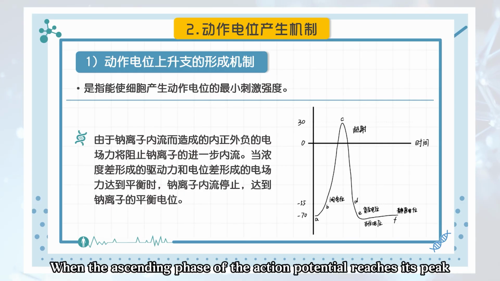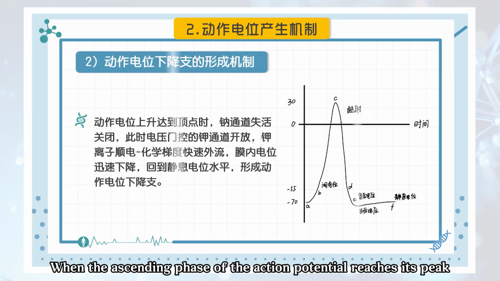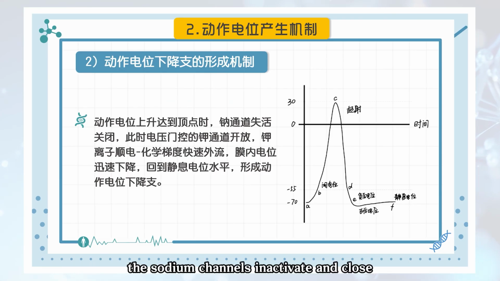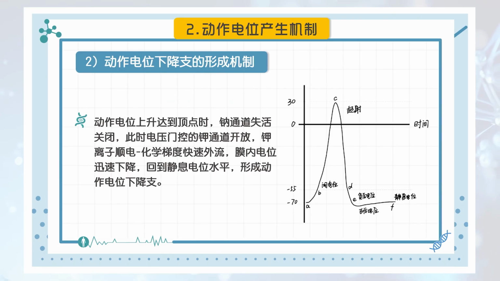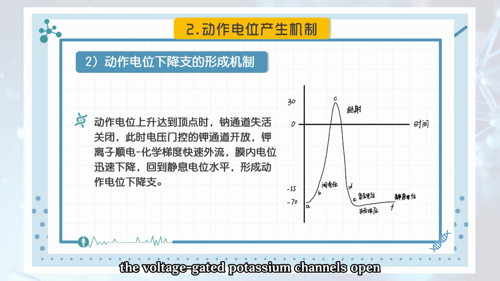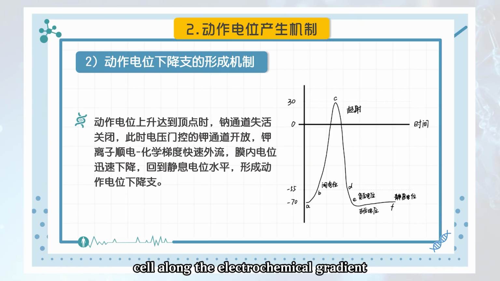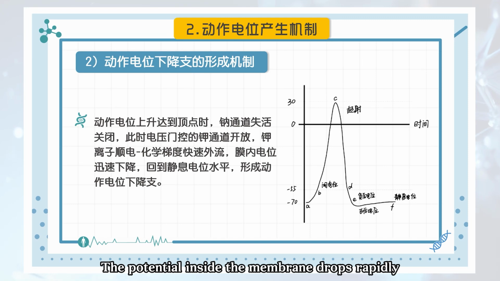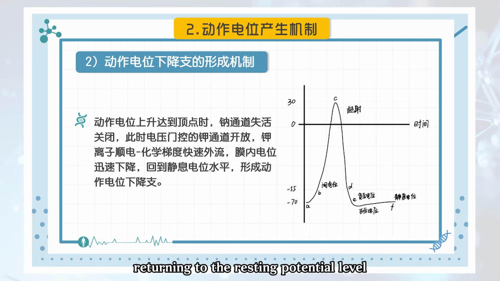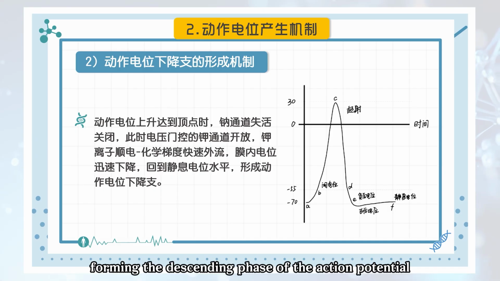When the ascending phase of the action potential reaches its peak, the sodium channels inactivate and close. At this point, the voltage-gated potassium channels open, and potassium ions rapidly flow out of the cell along the electrochemical gradient. The potential inside the membrane drops rapidly, returning to the resting potential level, forming the descending phase of the action potential.